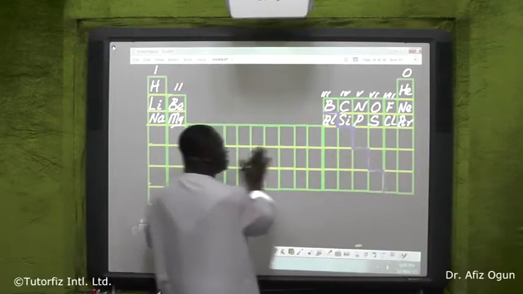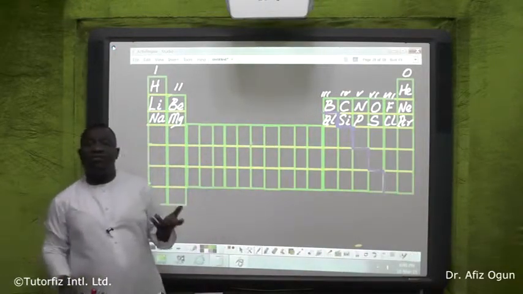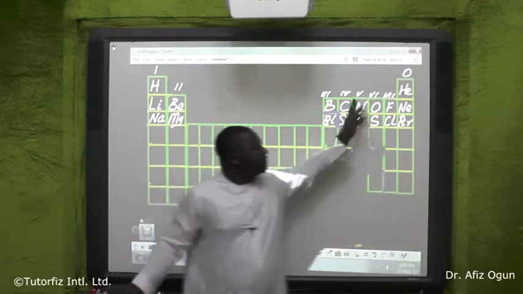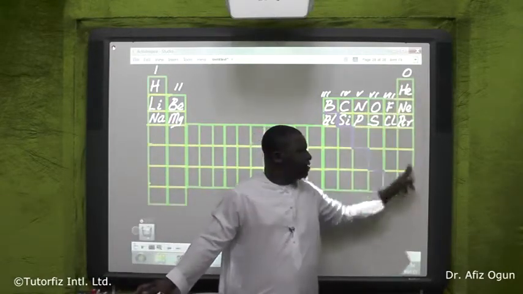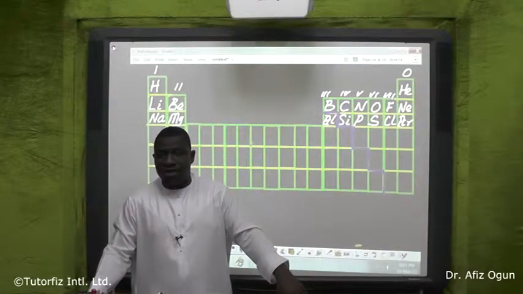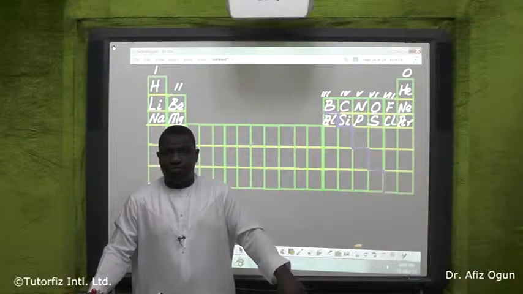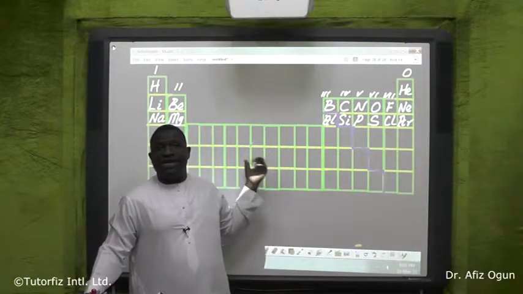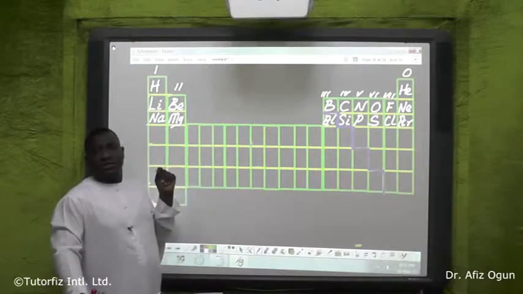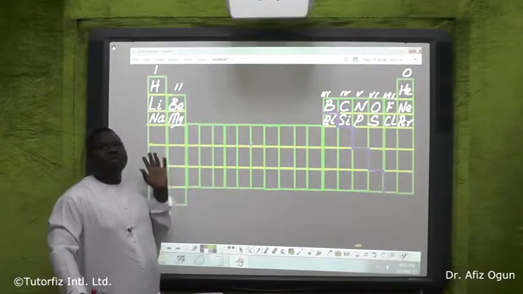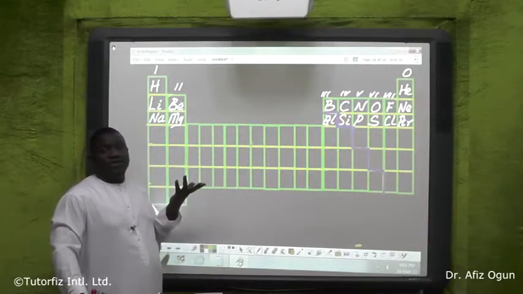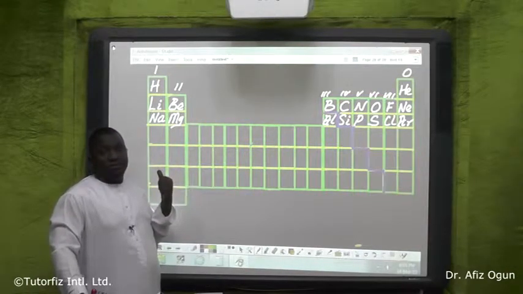So all these metals are not satisfied with the number of electrons they have in their outermost shell. Even the non-metals are not satisfied, except this group, because their outermost shell is full. So what happens? The metals, because they have few electrons in their outermost shell, want to do away with these electrons so that the next shell, as you know from electronic configuration, will be full.